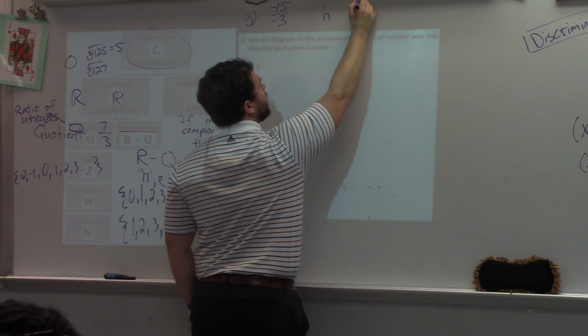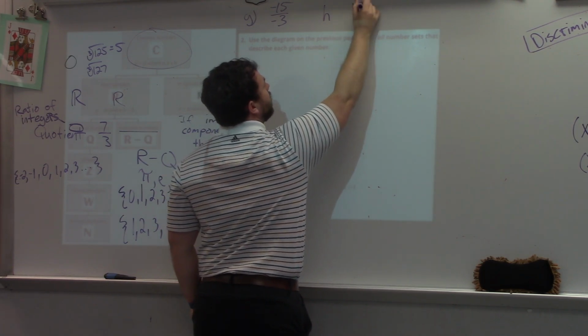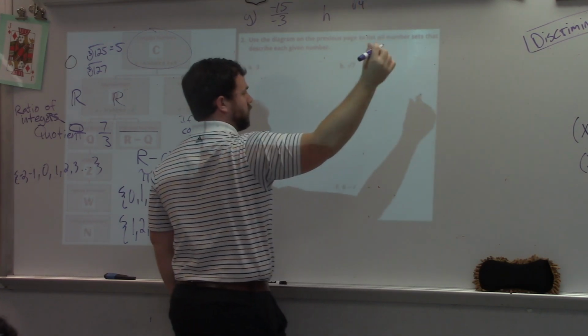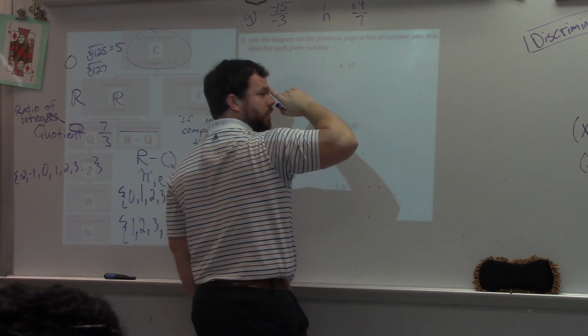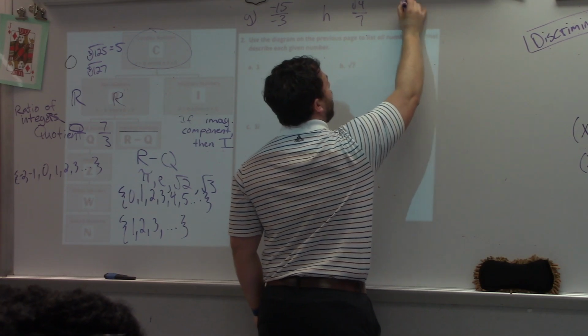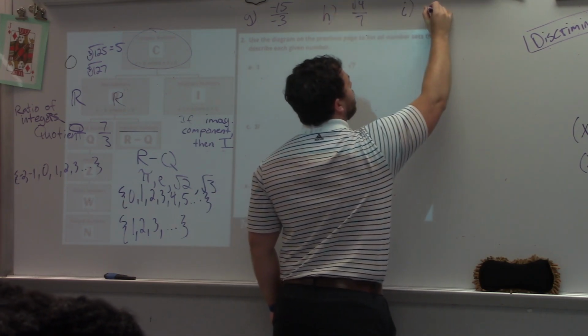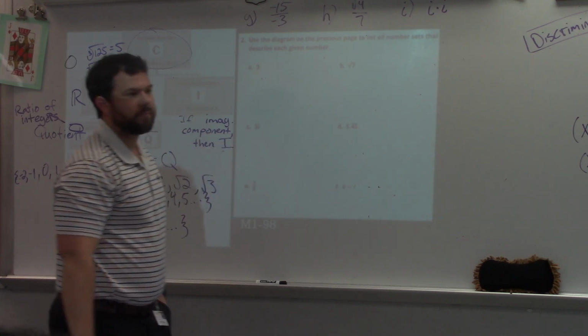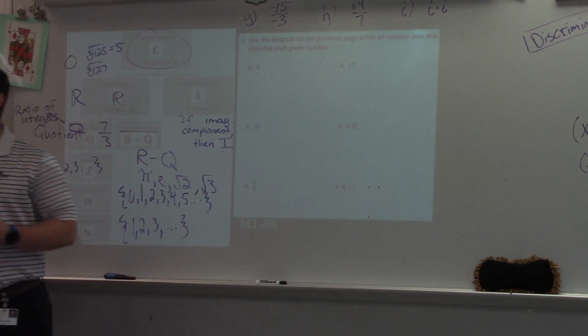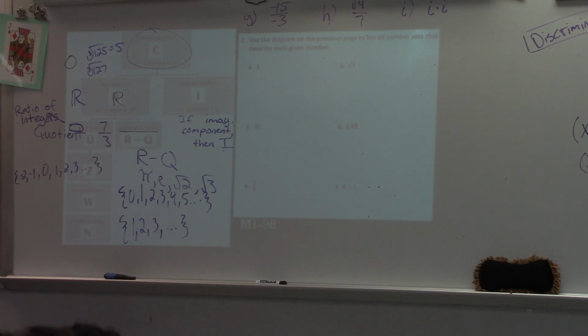H is going to be the square root of 4 divided by 7. And, ooh, this is a good one. I is going to be i times i. Those are the numbers that I want you to classify. At your vertical surfaces, take 4 or 5 minutes, and let's identify every number set that they can belong in.